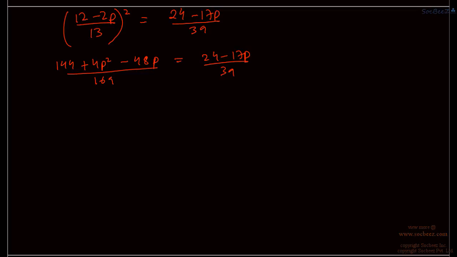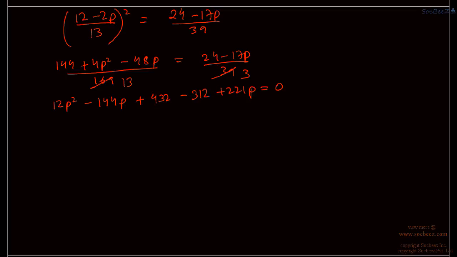Okay. So now 39, this is 13 times and this is 3 times, right? Okay, so now I cross multiply and let's bring everything to one side. So I have 3 into 4, that is 12p squared, 3 into 48, that is 144p, 3 into 144, that will be 432, minus 24 into 13, 13 is 260... plus 13 into 24, that is 312, and 13 into 17, that is 221.